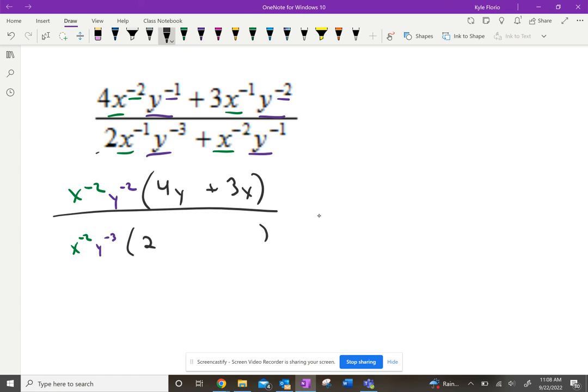X to the -1, so we took out -2 factors, so there's going to be one factor left over. Again, -2 plus 1 will give me that -1, so that checks out. We took out all of the y factors, the -3 of them, so that's gone. X to the -2, we completely took out those factors. Y to the -1, well, we took out -3 of them, so there's going to be 2 left over. So in this case, it wasn't 1, it was 2. But again, this plus this should equal that.